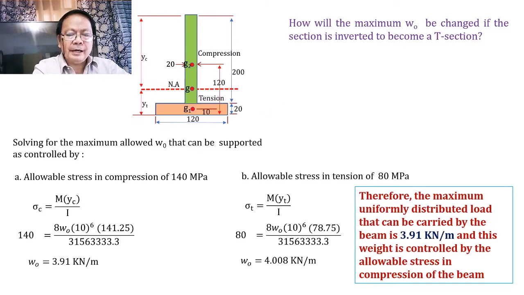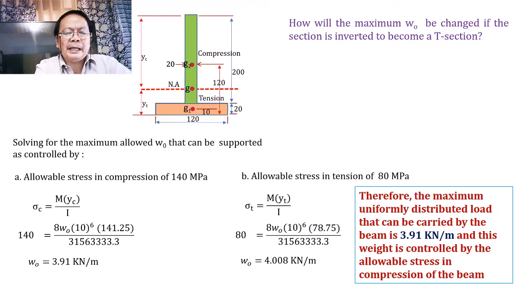However, the distance of the farthest fiber in tension or in compression will be changed, because the moment will remain positive. The upper portion of the beam will remain subjected to compression. And because the neutral axis will be at a different position, Y sub C and Y sub T would also be changed.